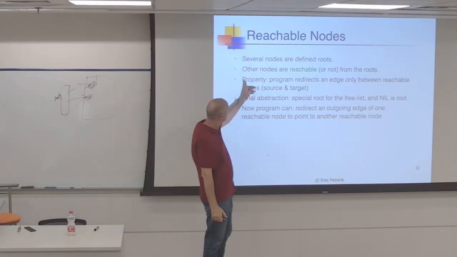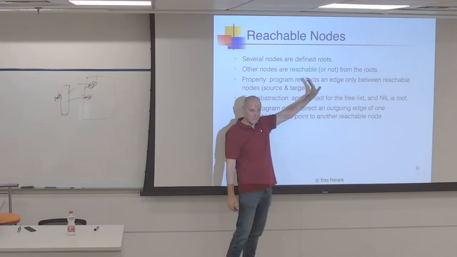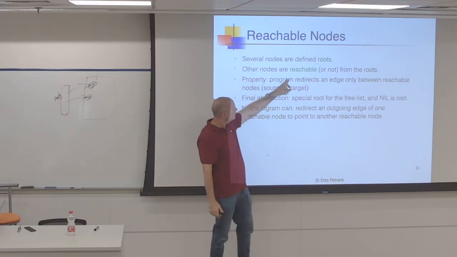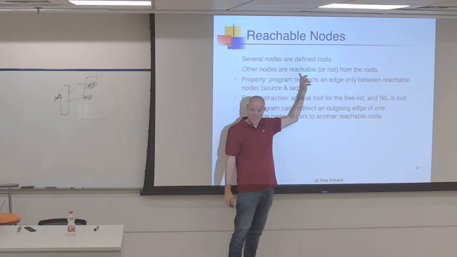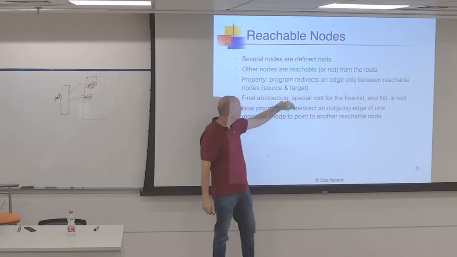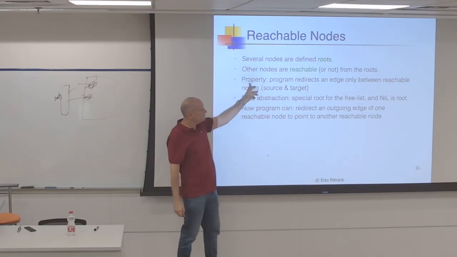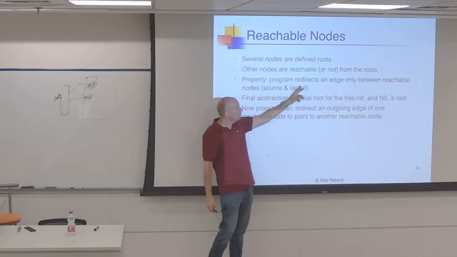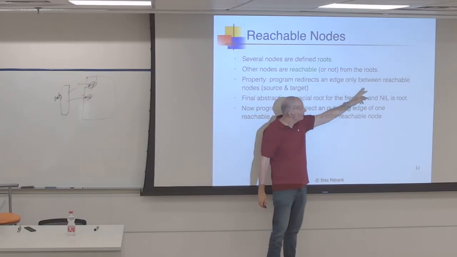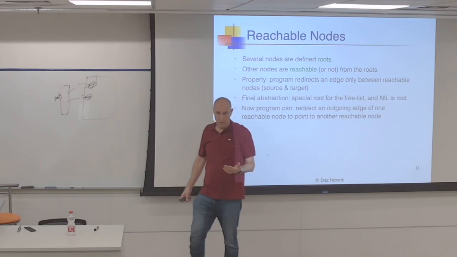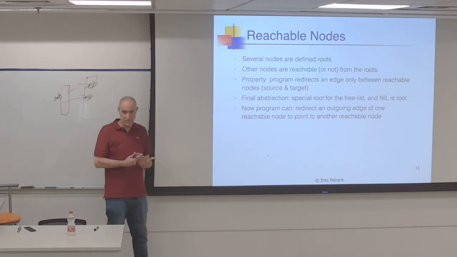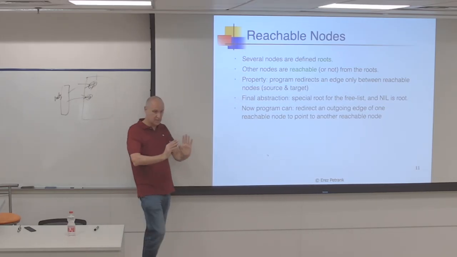That's my goal. So we have several nodes that are defined as roots, and other nodes are either reachable or not reachable from the roots. And what we know is the program can only redirect an edge between reachable nodes. So the program has no access to nodes that are not reachable. This is a given.